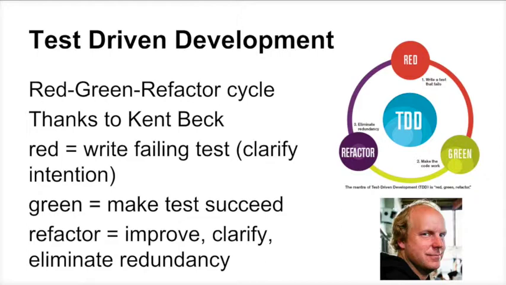It means essentially writing a failing test for a function or a method before you write it, actually running what are referred to as unit tests to demonstrate that the test has failed, and then writing code that is sufficient to make the test succeed, and finally refactoring that code to improve, clarify, and eliminate redundancy. This is a hard one for people to get their heads around.